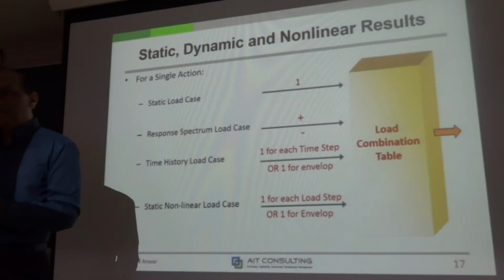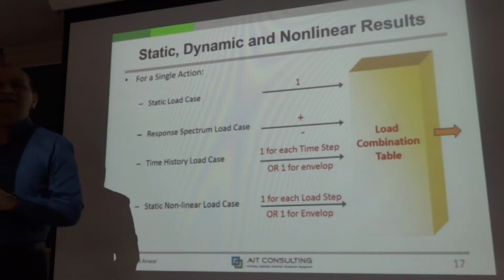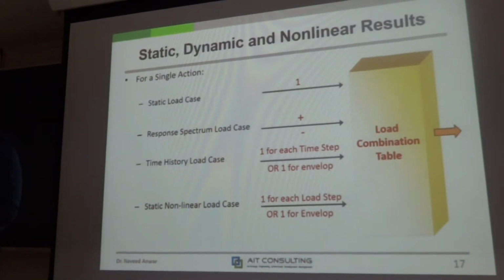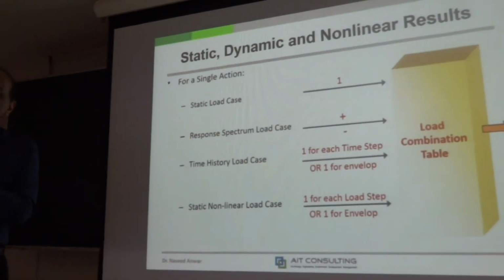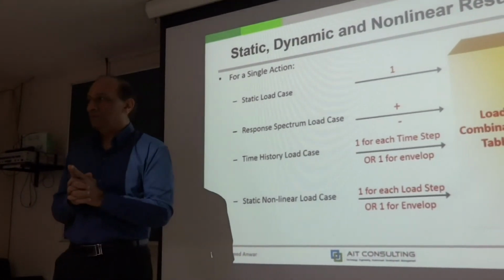For each step, we will check the nonlinearity at least 10 times in 10 small steps so that we don't miss any nonlinearity. So 3000 multiplied by 10, 30,000 times the structure must be analyzed to make sure that nonlinearity and dynamics are included. That means for an earthquake, there are going to be 30,000 load cases coming out.